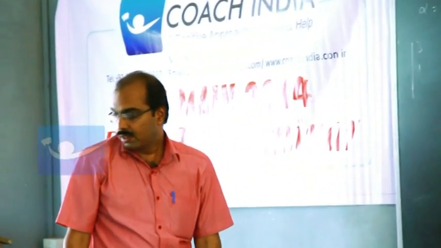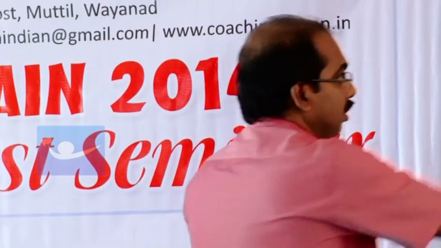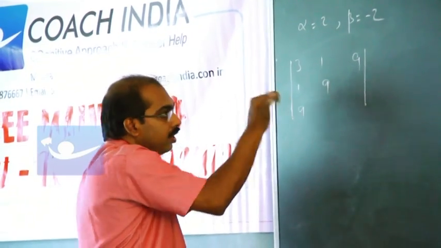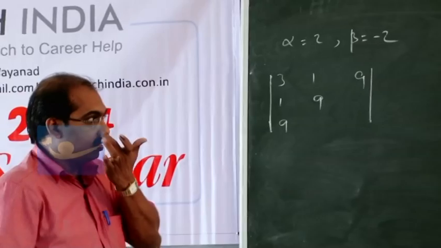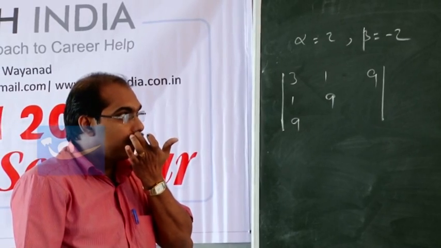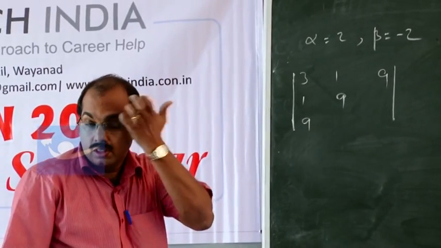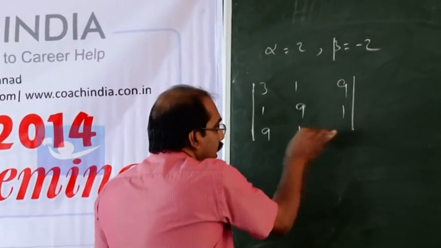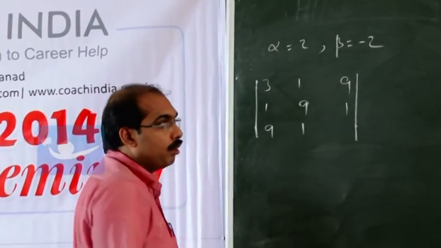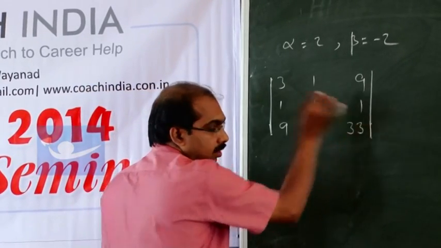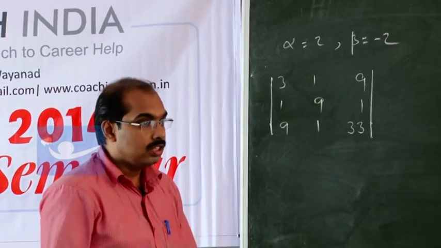It is going to be 9. So these entries are going to be 9s. What about 1 plus f of 3? It is going to be 1, 1. And this is going to be 1 plus f of 4. You will get it as 33.